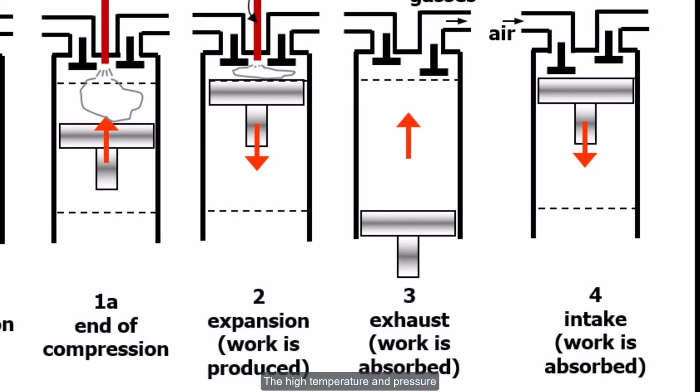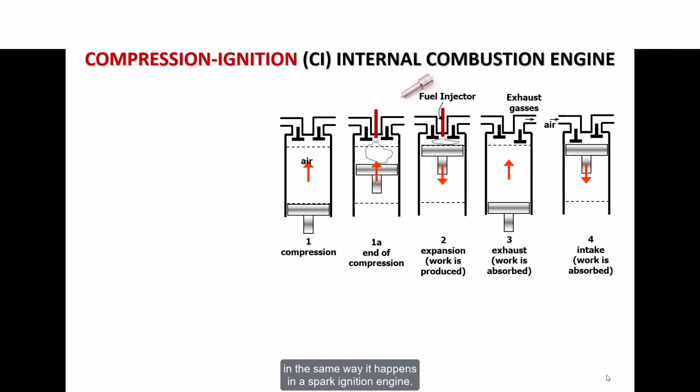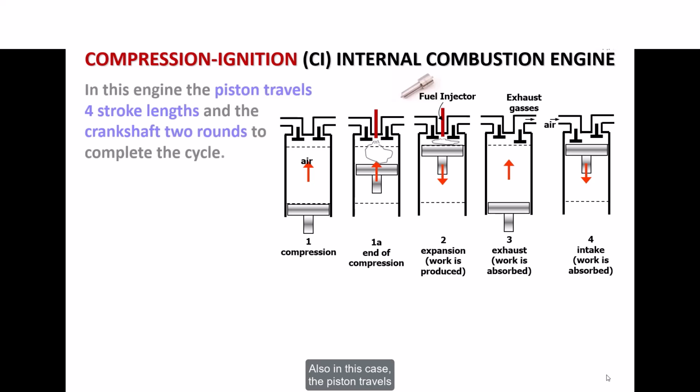The high temperature and pressure achieved during the compression ignites the fuel-air mixture and moves the piston until the bottom dead center. Finally, the exhaust gases are released and new air sucked in the same way it happens in a spark ignition engine. Also in this case, the piston travels 4 stroke lengths to complete a cycle. Therefore, this engine is also called a 4-stroke compression ignition engine.